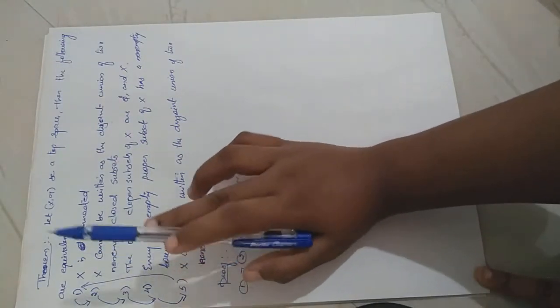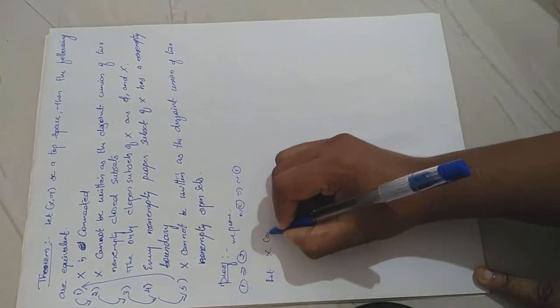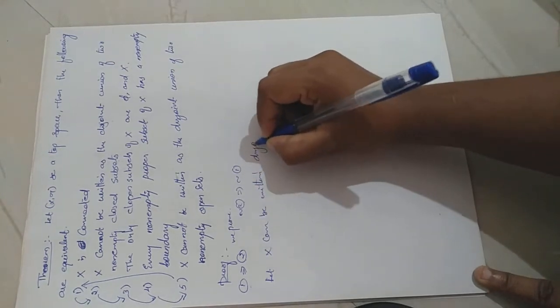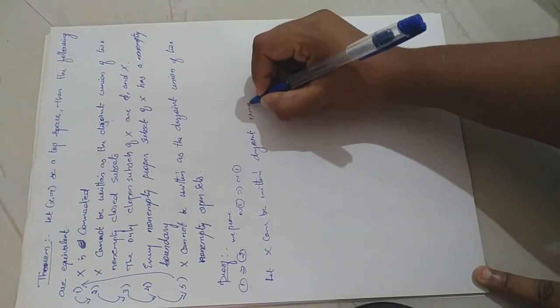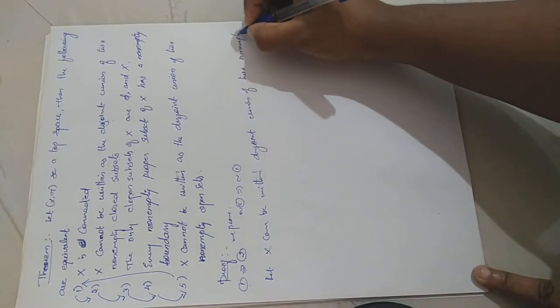Negation means X can be written as, so let X can be written as a disjoint union of two non-empty closed sets.